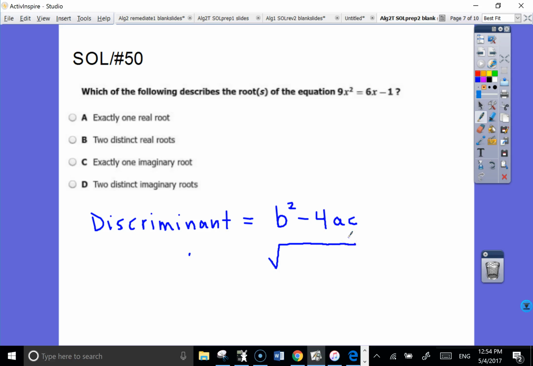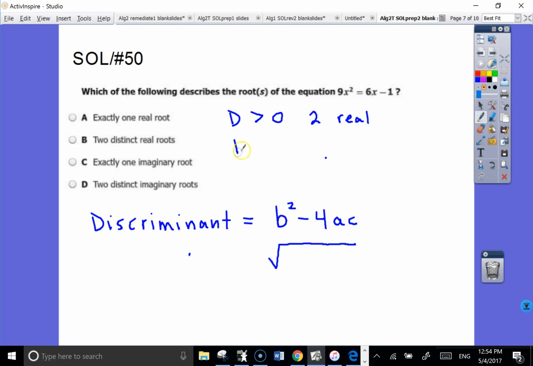So what we learned is if the discriminant, I'll call it D, is greater than 0, then you're taking the square root of a positive real number, which gives real solutions. So you would have two real solutions.